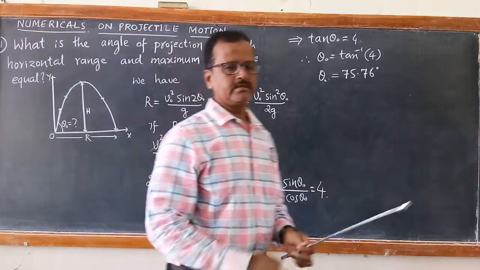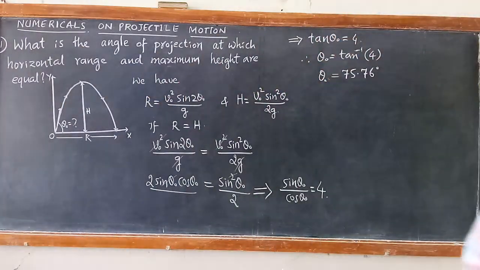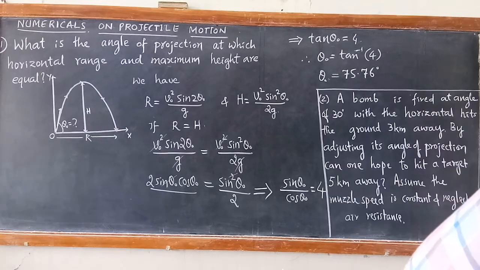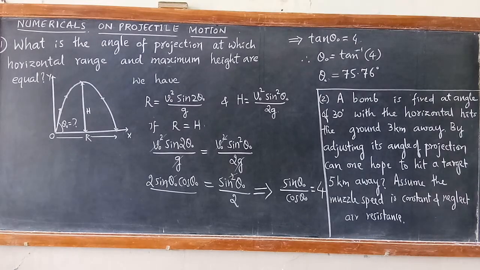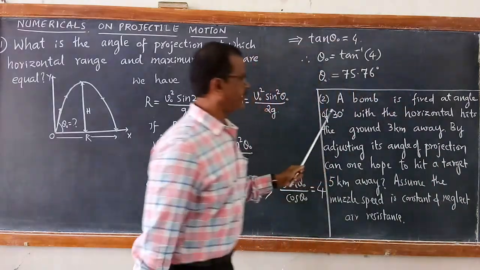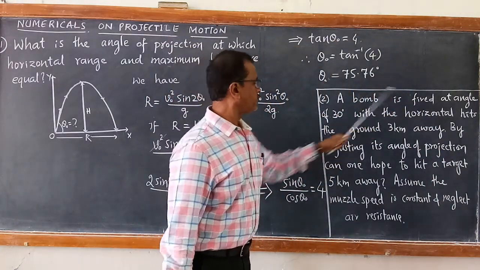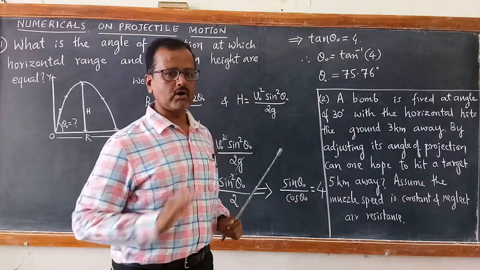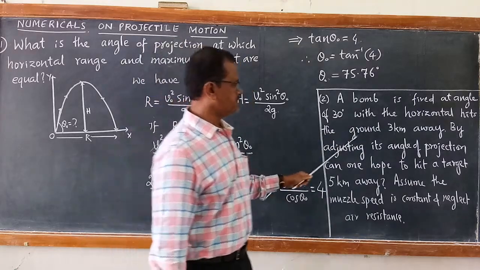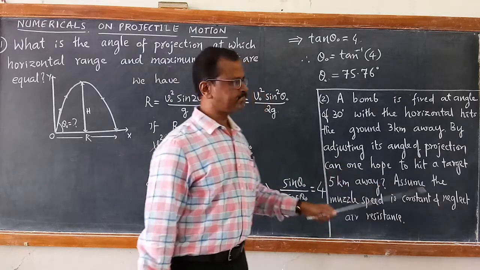Now let us see another problem. Okay, now let us solve another problem. A bomb is fired from a cannon at an angle of projection 30 degree with the horizontal. It hits the ground 3 km away.